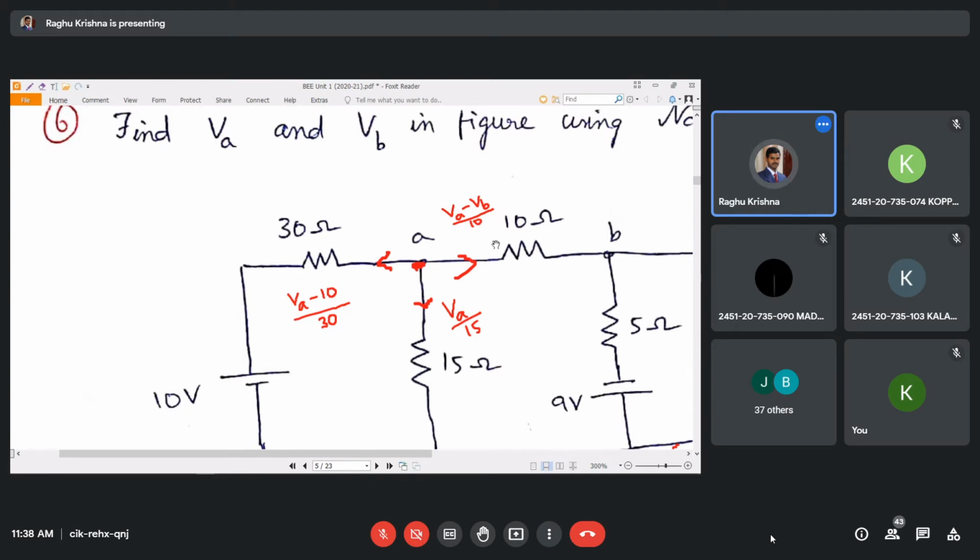By Ohm's law, voltage divided by resistance gives the current.